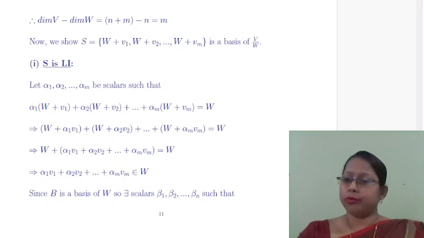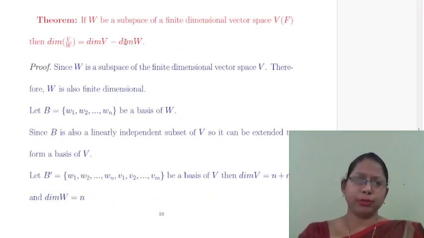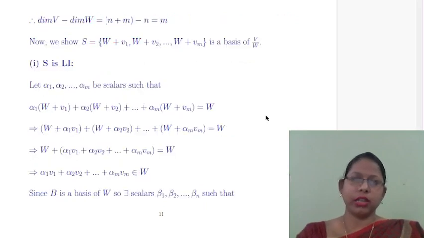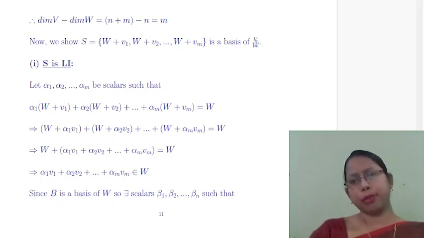We will be done if we show the dimension of V/W is again m. For that, we consider a set S consisting of m elements: W + V1, W + V2, ..., W + Vm. We shall show that S is a basis of V/W.